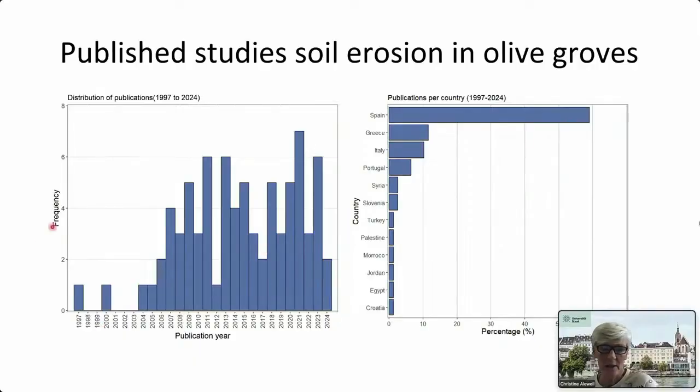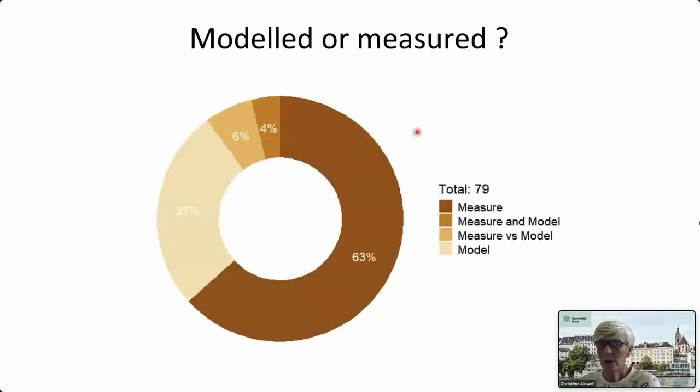Here you see the publication rates over the years, and most of these publications, nearly 60%, are coming from Spain, followed by Greece and Italy. If we look at the study type, surprisingly, most of the studies measured soil erosion, with only a third being modeled, and some did both.